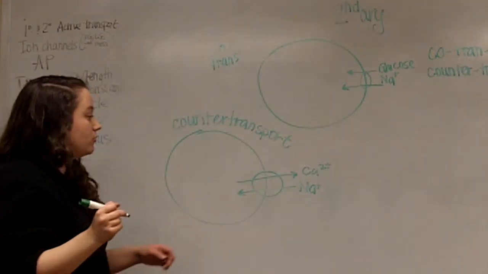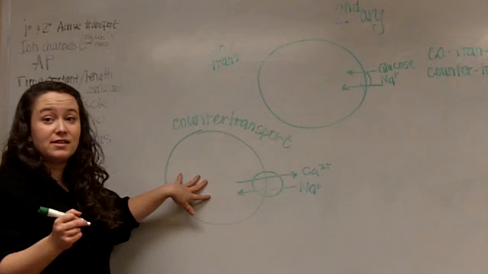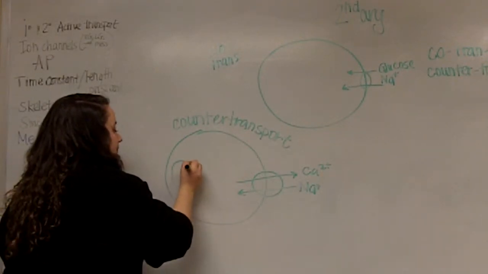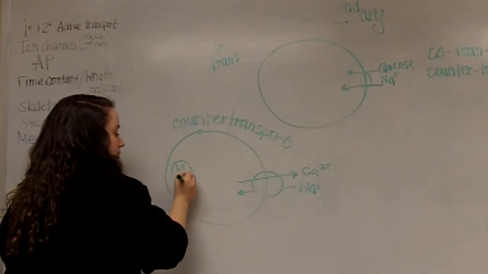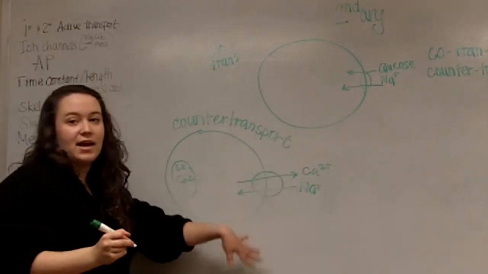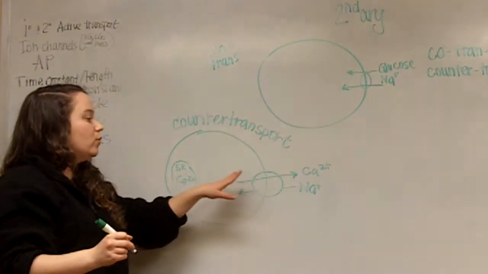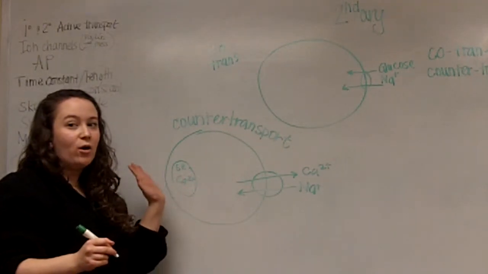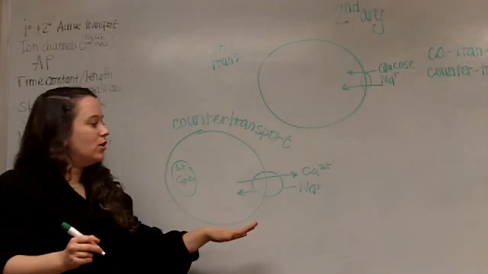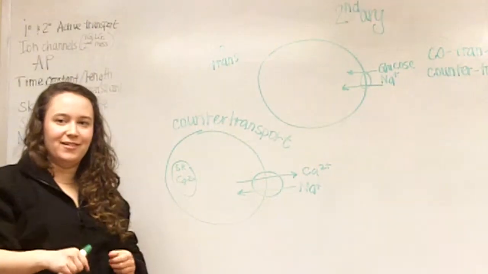So as you can remember, there's not a lot of calcium floating around in the cell. There's a lot of calcium in the sarcoplasmic reticulum, but not out in the cell. But there's a lot on the outside. So if you want to send the calcium out where there's a lot of calcium, you have to use the power of the sodium coming in, and they can swap places.